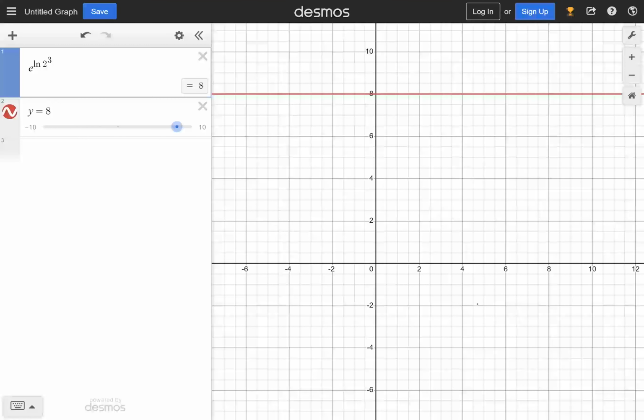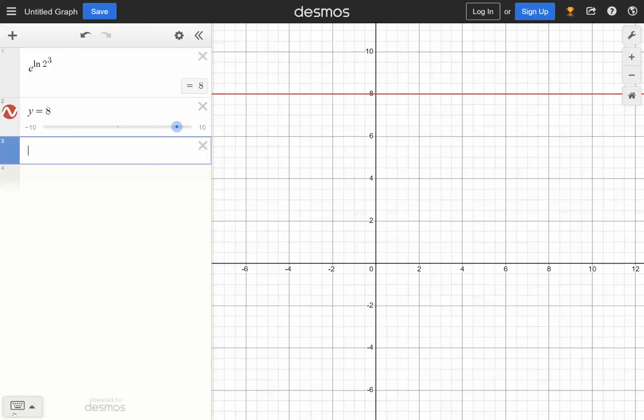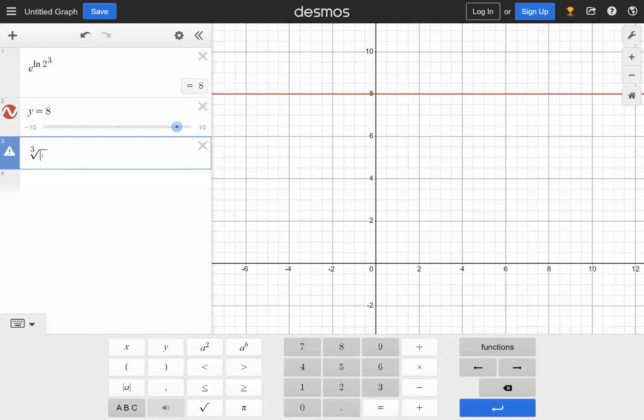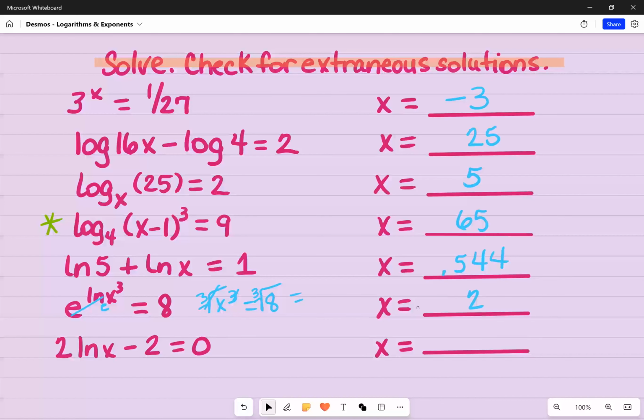If I wanted the cube root, instead of having to go all the way to the functions, like going under my keyboard and going to functions to find it, I could literally just type in int root, and then it allows me to put the 3 there. So 3, and then I want to put 8, I should end up with the answer 2, which is what we said that x was going to be. So that's if you manually solved it. So you'll still end up with the same answer, which is 2.